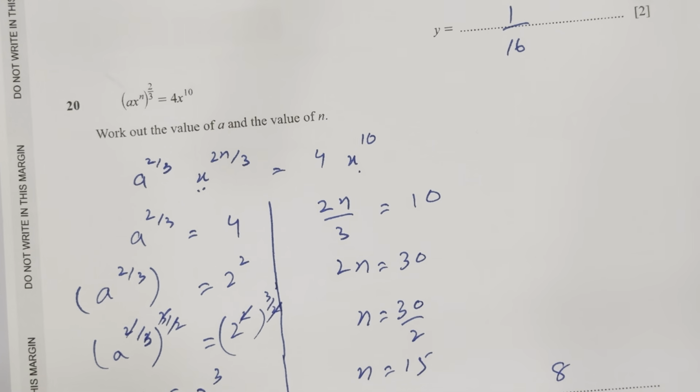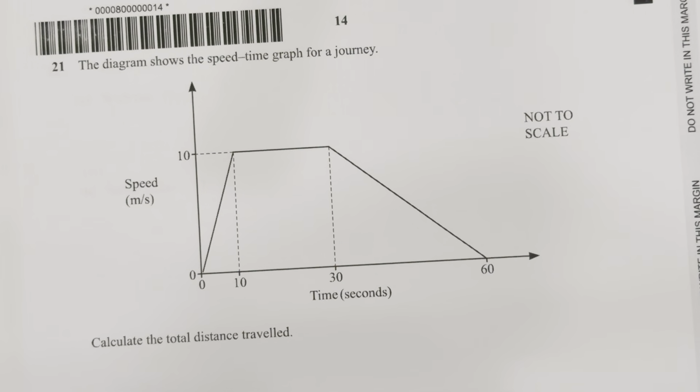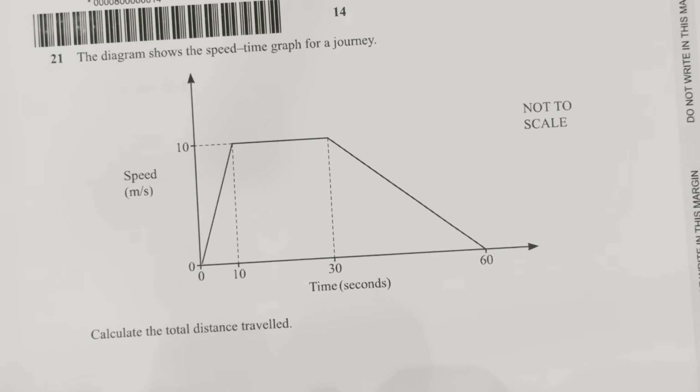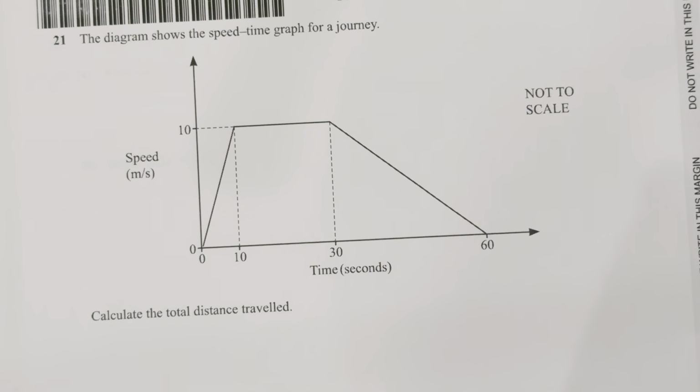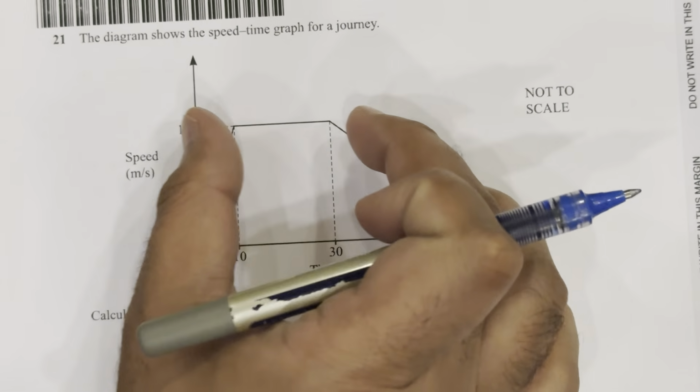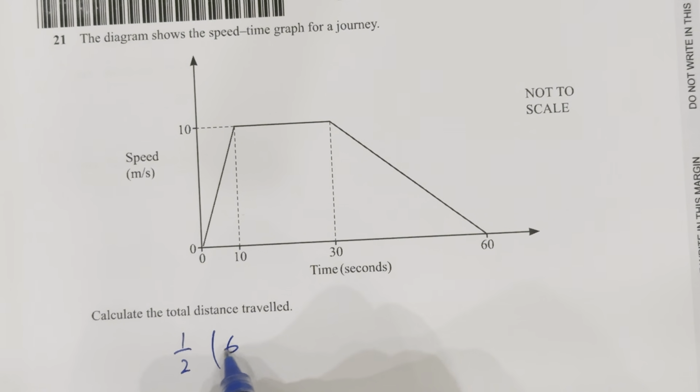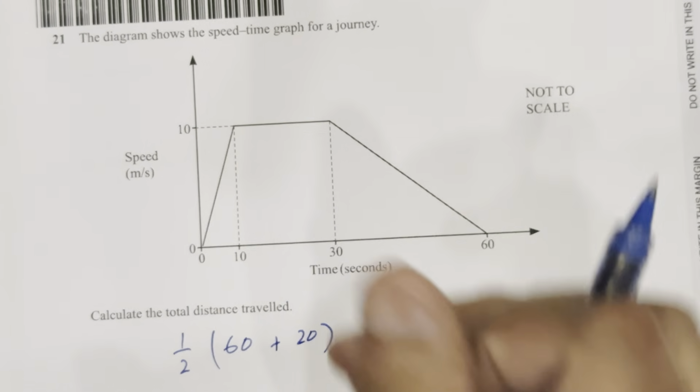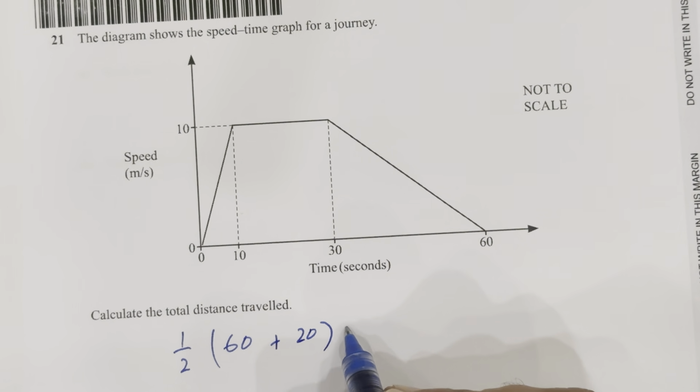Okay. Moving to question number 21. The diagram shows the speed-time graph for a journey. Calculate the total distance traveled. We can easily identify this. We know the area of a trapezium, because this is the shape of a trapezium. 1 over 2 times the sum of parallel sides. The two sides are parallel: 60 plus 10 minus 30 minus 10, it is equal to 20, and the height between those parallel sides is 10.